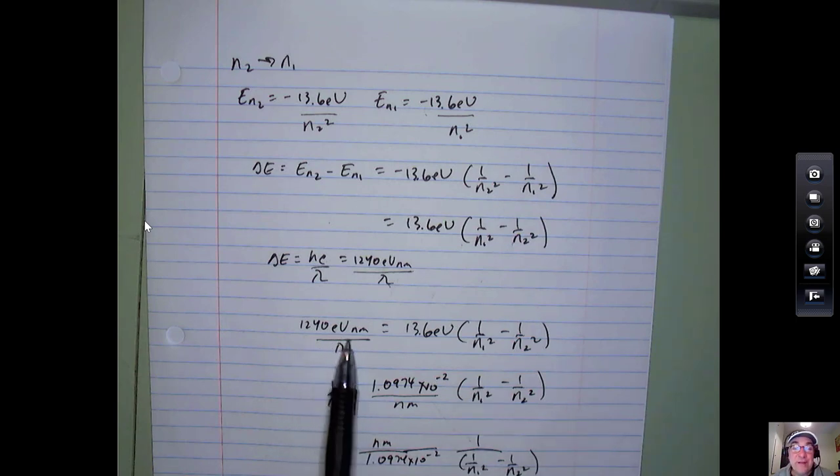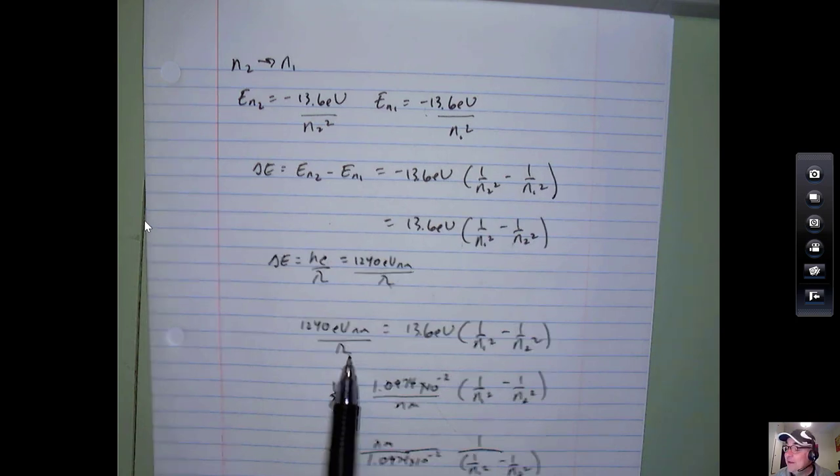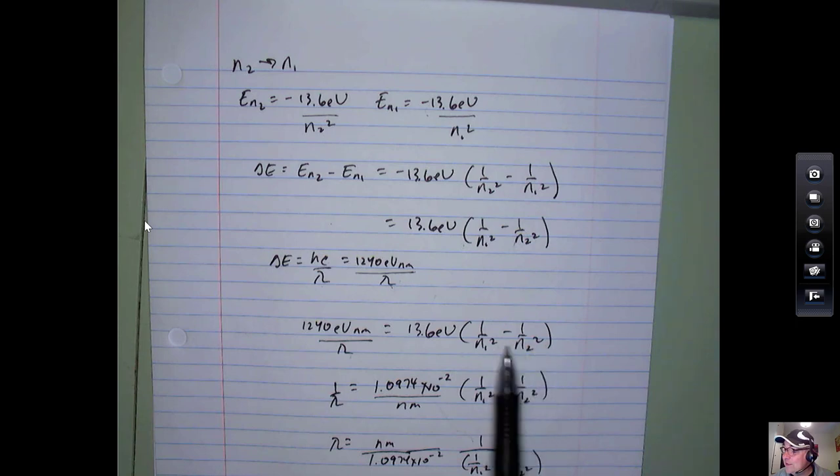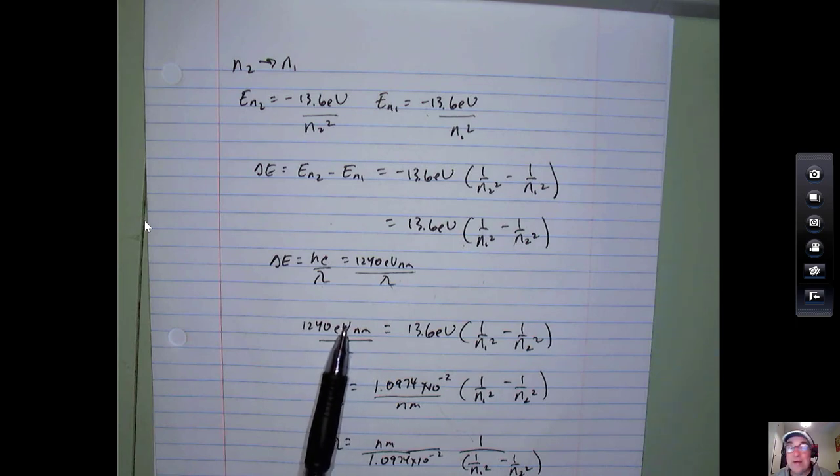So 1240 eV nanometers divided by the wavelength is equal to 13.6 eV and then times this quantity here. So let me solve for 1 over the wavelength. I basically just divide both sides by 1240 eV nanometers, and I end up with this. This looks just like the constant that you saw. This is per nanometer, though, instead of per meter. So this is where that formula comes from that you just saw.